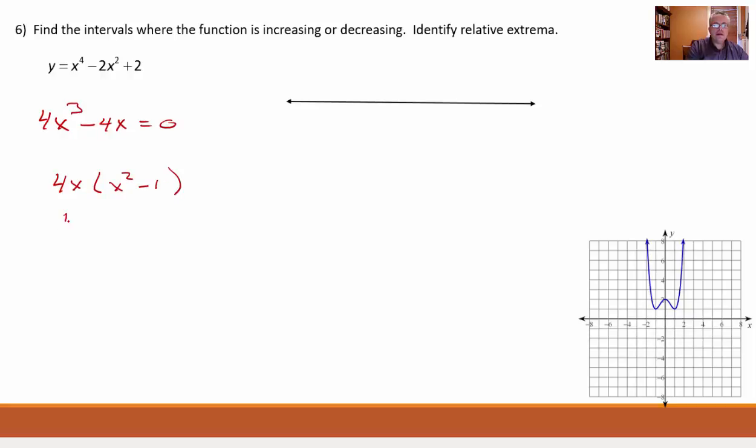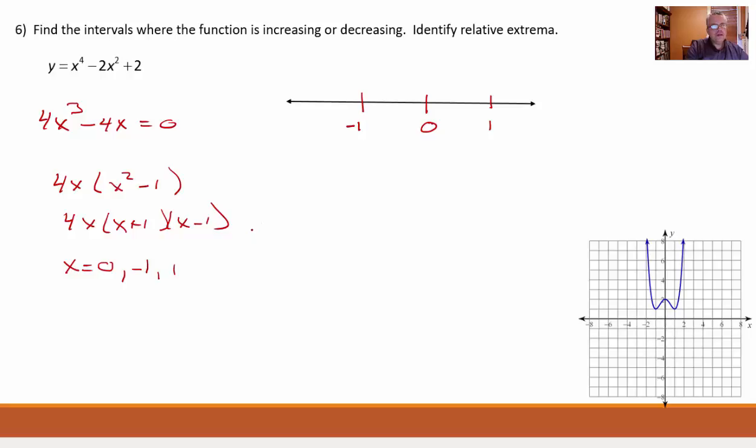And we can actually factor this. This is 4x times x plus 1 times x minus 1. So we get the critical points are x equals 0. That would make this 0. X equals negative 1 and x equals positive 1. So we graph them. Negative 1, 0, and 1.